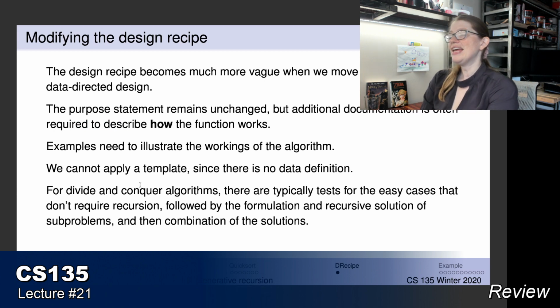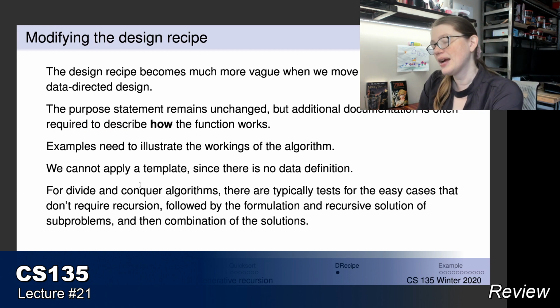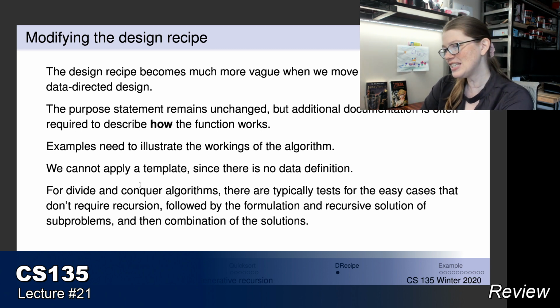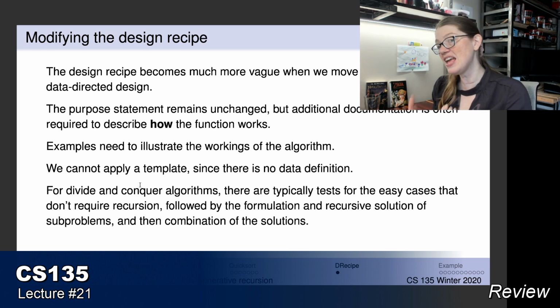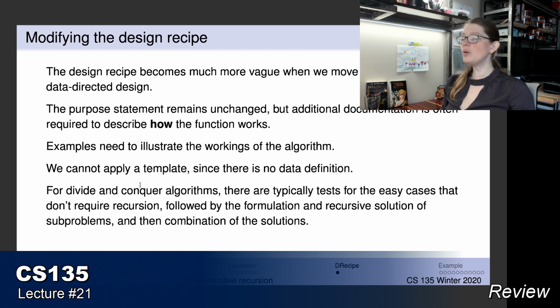All right. So, do we need to modify our design recipe in order to do generative recursion? Not strictly speaking, there's no special thing we need you to add. But we would like to highly suggest to you that you should provide additional documentation to describe how this function actually works.